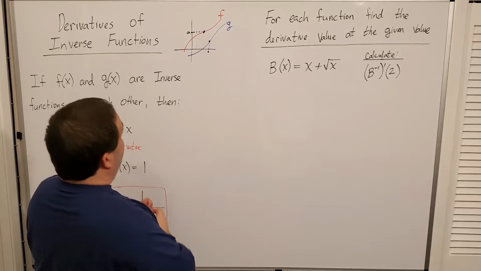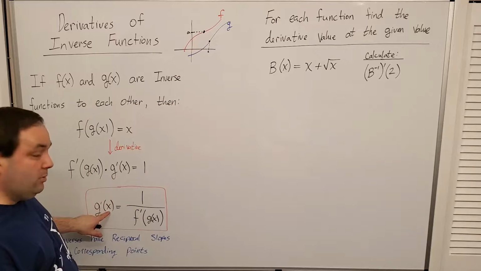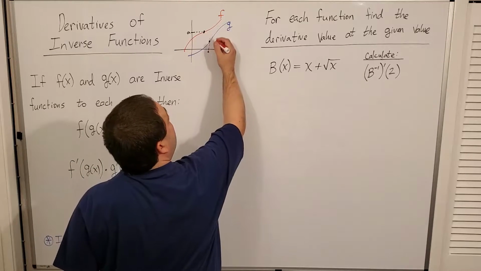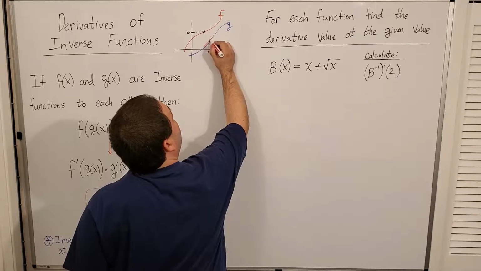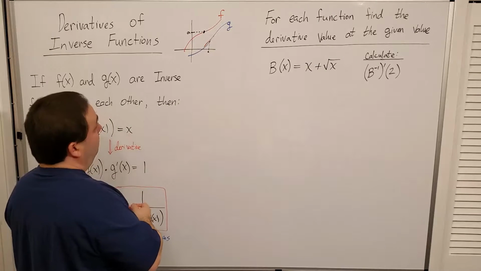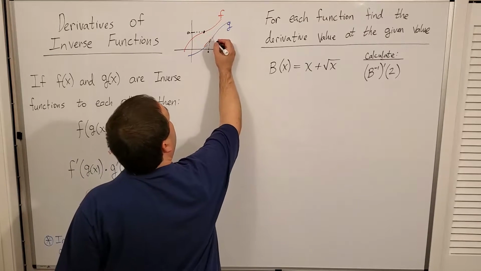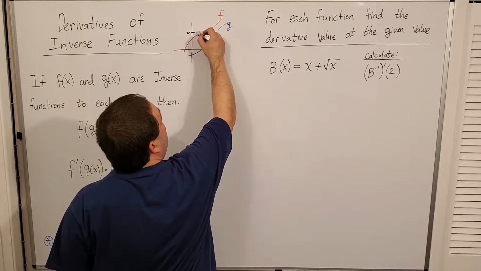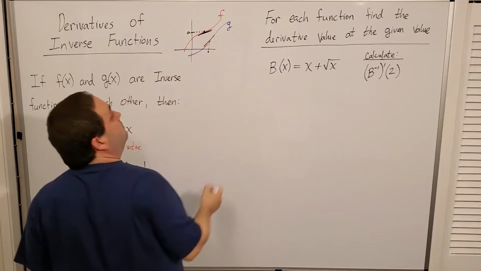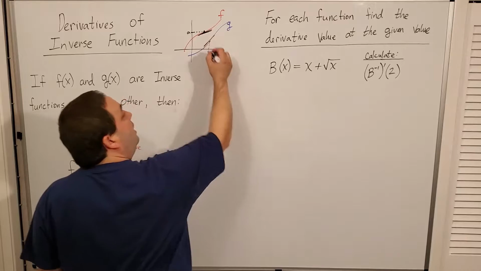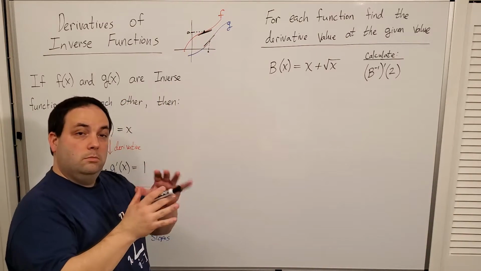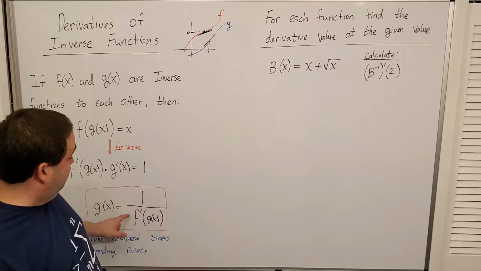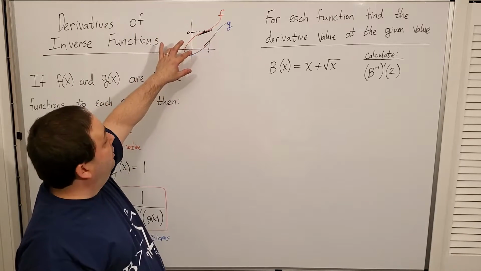Okay, and if that's the value that we're talking about being the input of the g derivative here, in other words, if I'm finding the derivative at this location here, then the slope of this tangent line right here, let me draw it this way. The slope of this tangent line right here will be the reciprocal of the slope of this tangent line right here. Okay, so these two lines will have reciprocal slopes. Okay, not negative reciprocal, they're not perpendicular, but just reciprocal at those particular corresponding points.